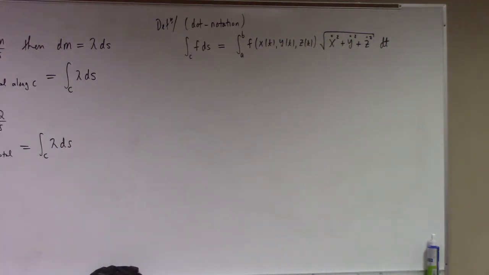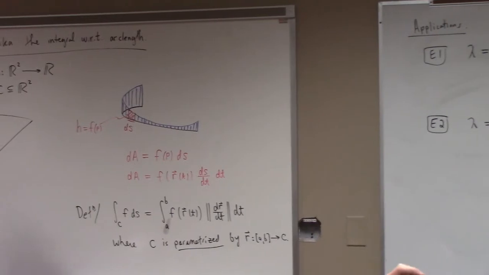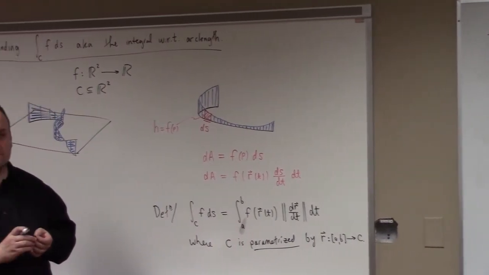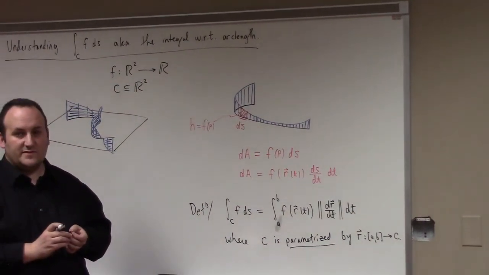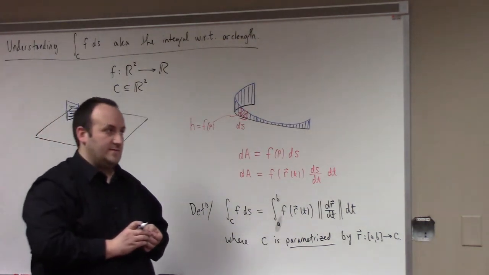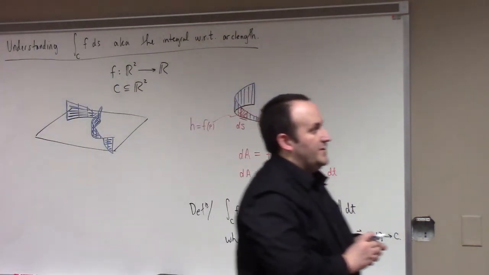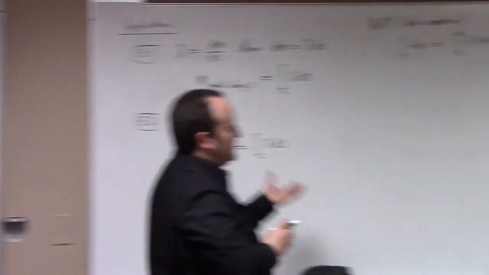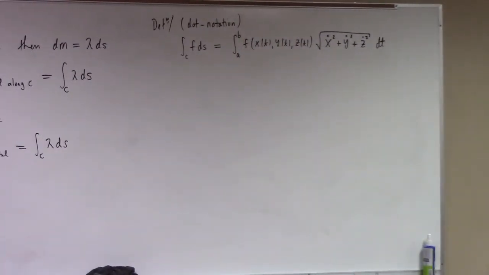What is the double bar dr dt? What do we say that is? Magnitude of velocity, otherwise known as speed. Very good. So the arc length integral just says you integrate the function evaluated at the parameterization times the speed times dt.